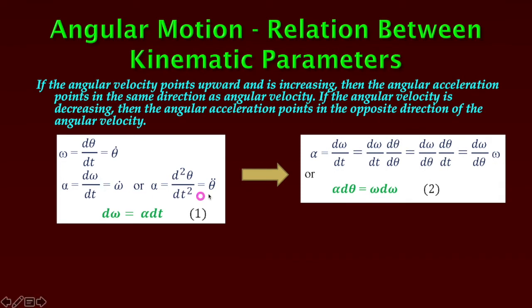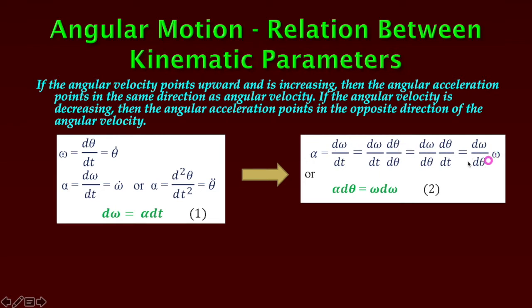Now let me write some equations here. Alpha equals d omega by dt. Multiplying both numerator and denominator by d theta, we get alpha equals d omega by d theta times d theta by dt. This d theta by dt is the omega.